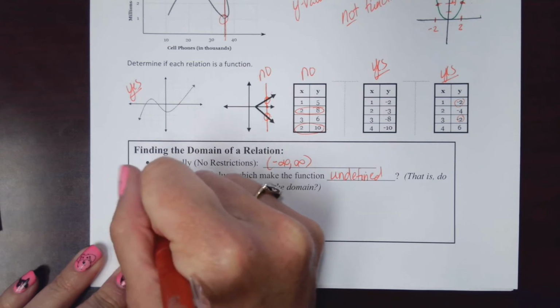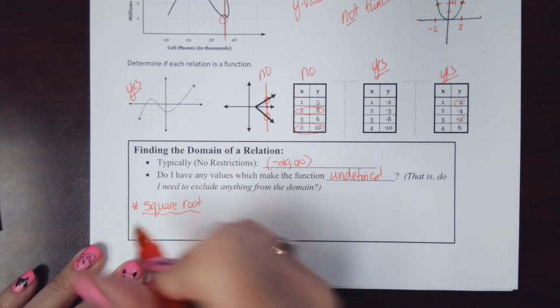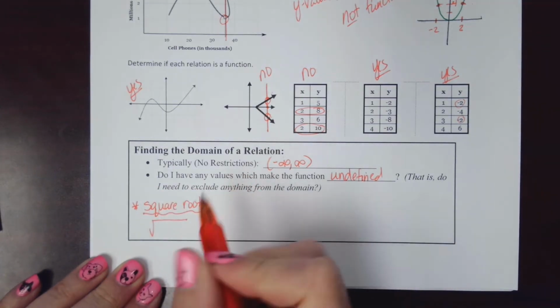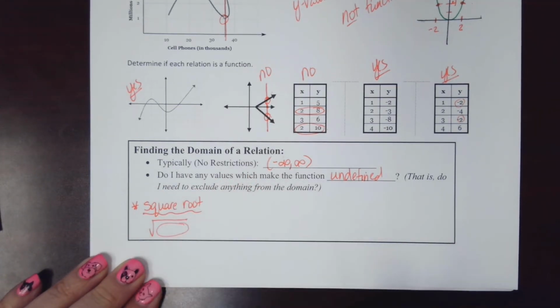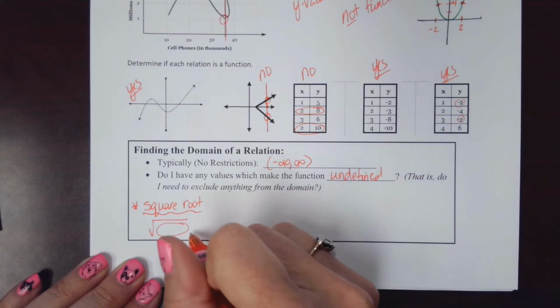First of all, we said a square root. If my function involves a square root, I'm interested in what is underneath that radical, the radicand, and it needs to be 0 or greater.